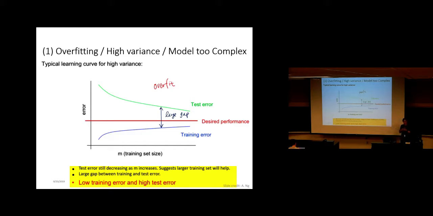If, no matter that you have already reached the largest size you have, there is still a pretty large gap, it normally means my model is too flexible, too complex. It fits the training data so well, but it's highly likely fitting some noise there. That's why it doesn't generalize well on the testing. Question about this curve?